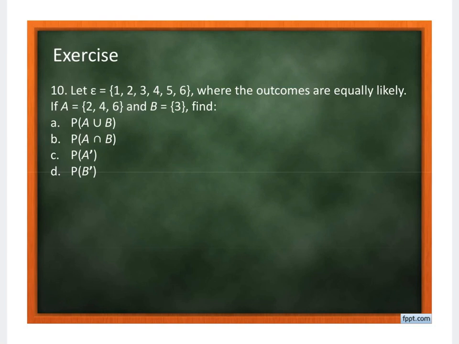Let the sample space be 1, 2, 3, 4, 5, 6, where the outcomes are equally likely. If A is 2, 4, 6 and B is 3, find the probability of A union B. A union B is 2, 3, 4, 6.